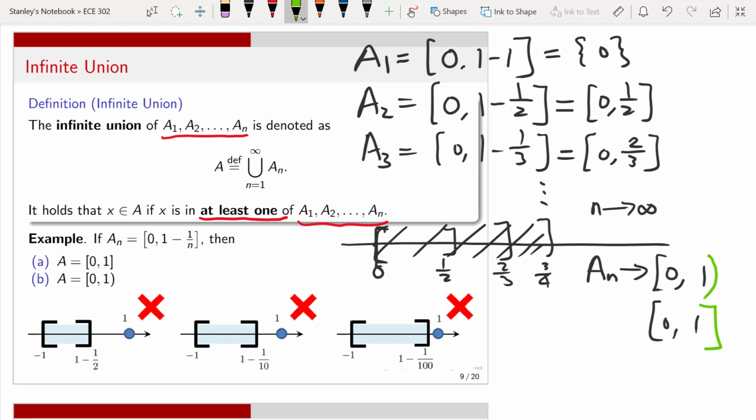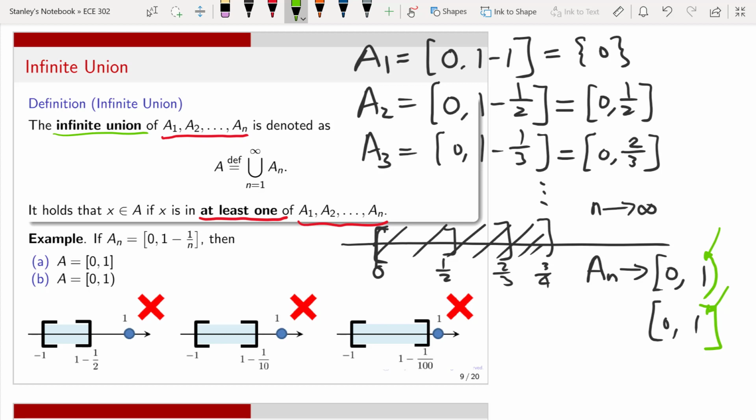Okay, so if you look at this infinite union, what it says is that if you want to determine whether this point 1 will be included in this limiting object A, you want to check whether this number 1 is living in at least one of these finite sets.